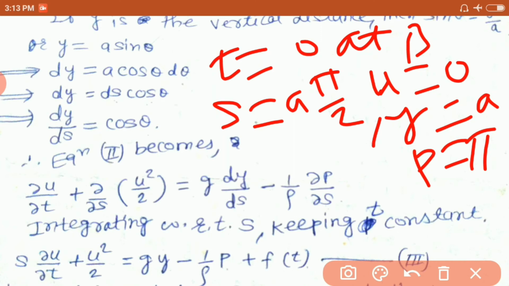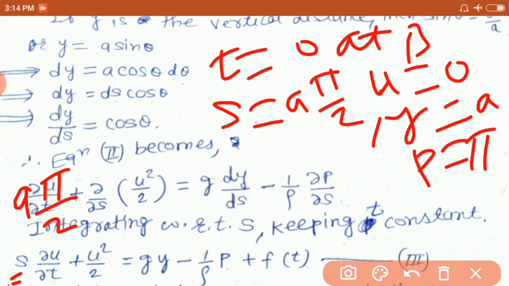Put these values in equation third. Again, what we get? s is equal to a pi by 2, so in place of s, we have a pi by 2.